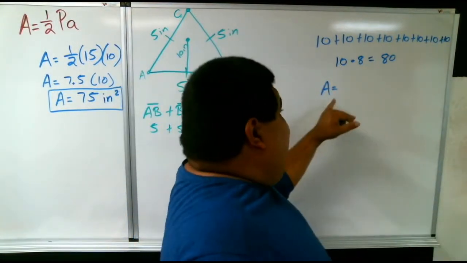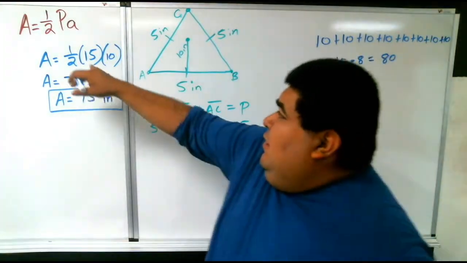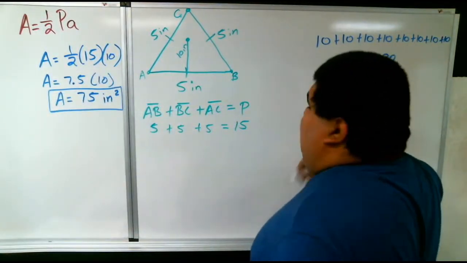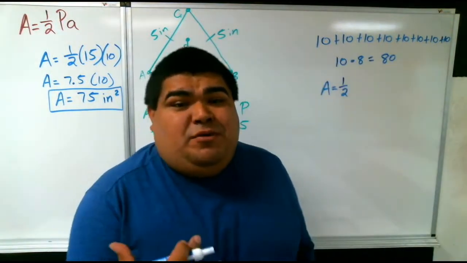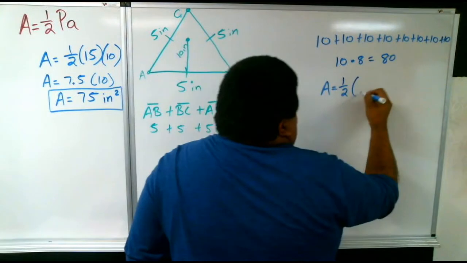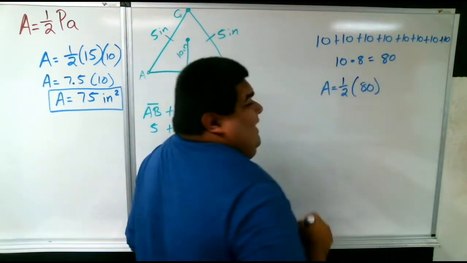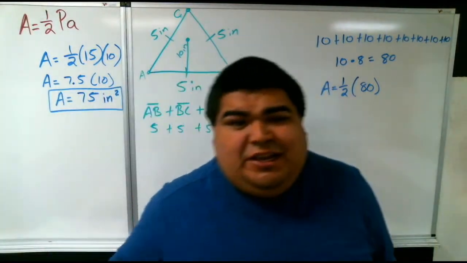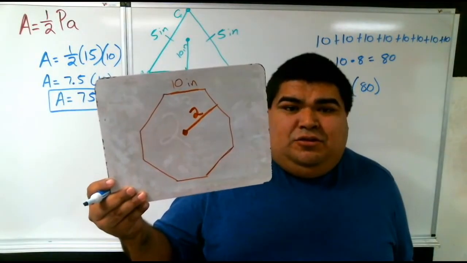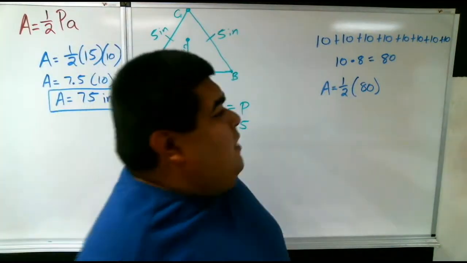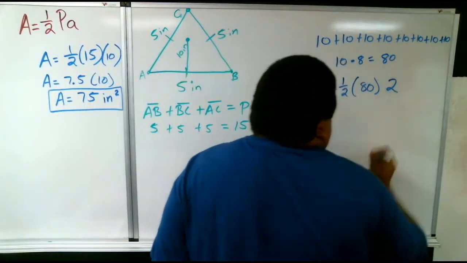So the area equals 1/2 times our perimeter, which we already have. It's 80. So times 80 times our apothem, which in this case, if you guys remember, on our shape is 2.